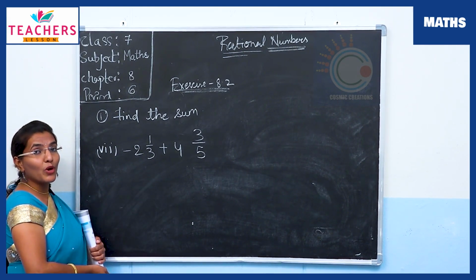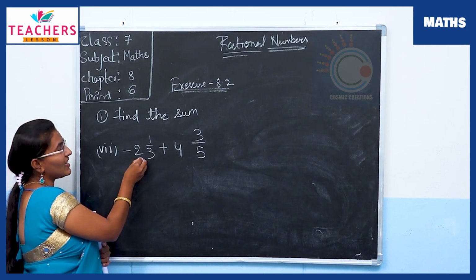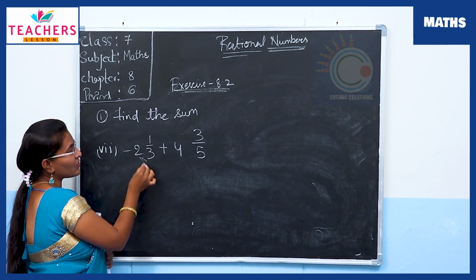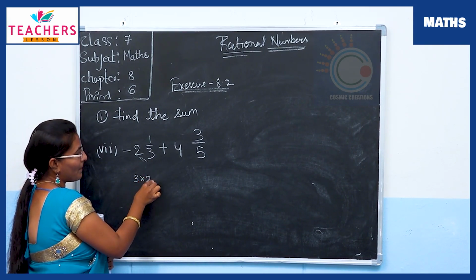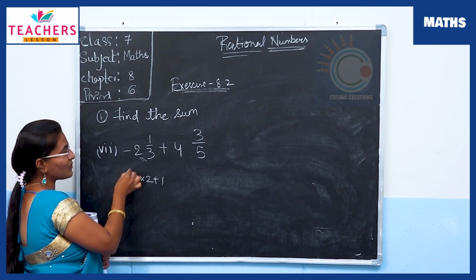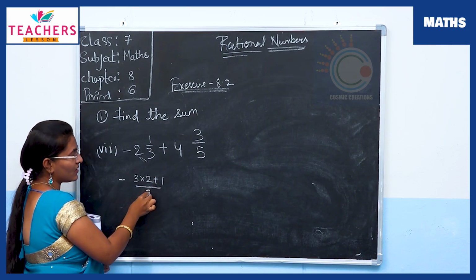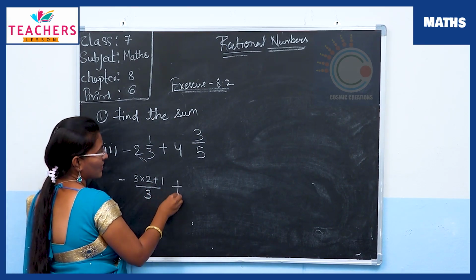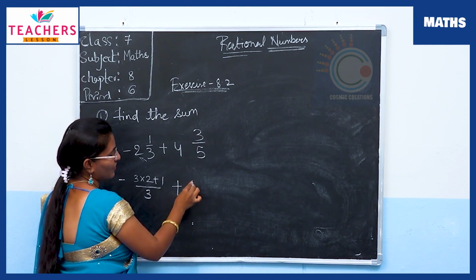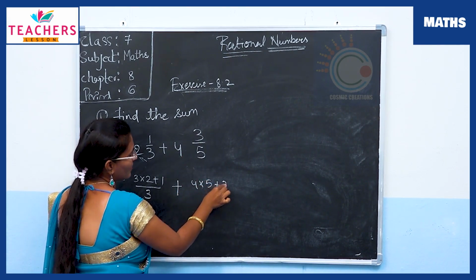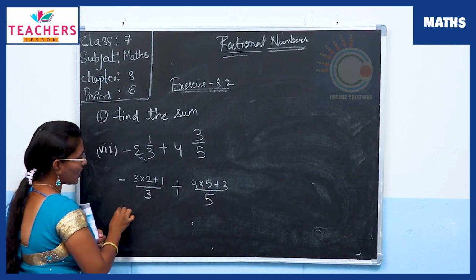No, they are improper fractions. So, how do you convert into the proper fraction? Yes. So, 3 into 2 plus 1, keep the minus aside, by 3, plus 4 into 5 plus 3, the denominator is 5.